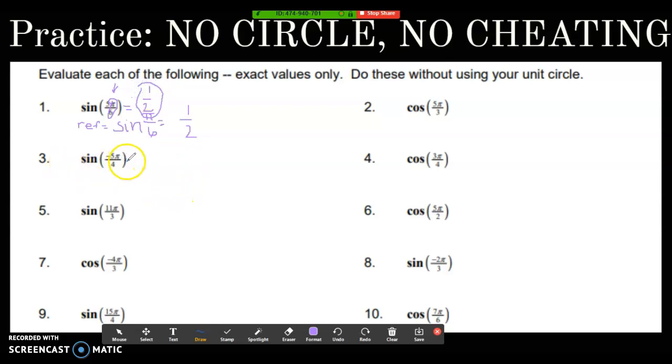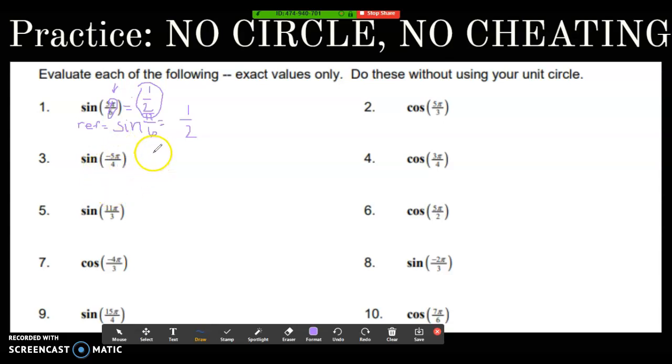All right, let's go to number 3. They want the sine of negative 5 pi over 4. Now, I'm going to take a second here, and I just want you guys to think about negative 5 pi over 4. That is something that is not on the unit circle. So what we're going to do with negative 5 pi over 4 is find a coterminal angle.